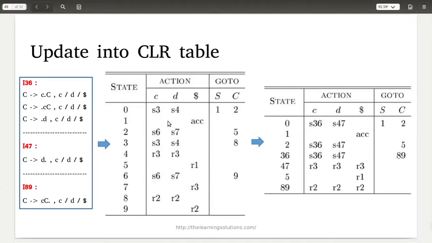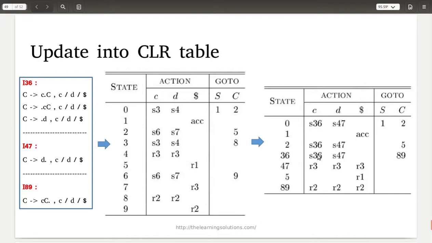So what we will do, we will combine 3 and 6 together. So 3 and 6 combinedly forms 36. 3 is having shift operation on C and D. 6 is having shift operation on C and D as well. So we will have combination of this shift operation as shift 36.